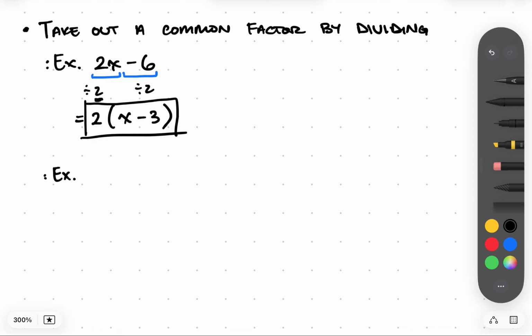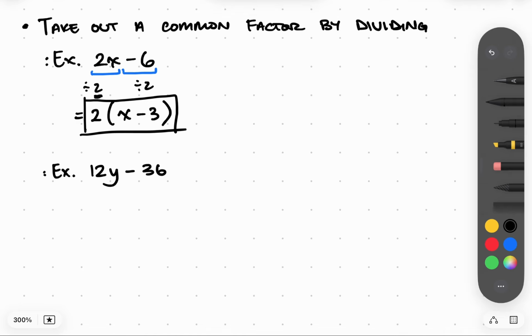Let's try 12y minus 36. So when I take a look at this, I could take out a bigger number. So in this case, I could, let's say, take out a 12. So I'm identifying which terms I have.